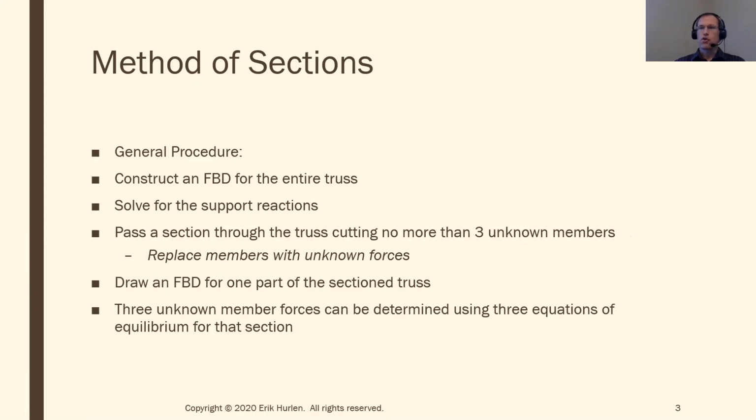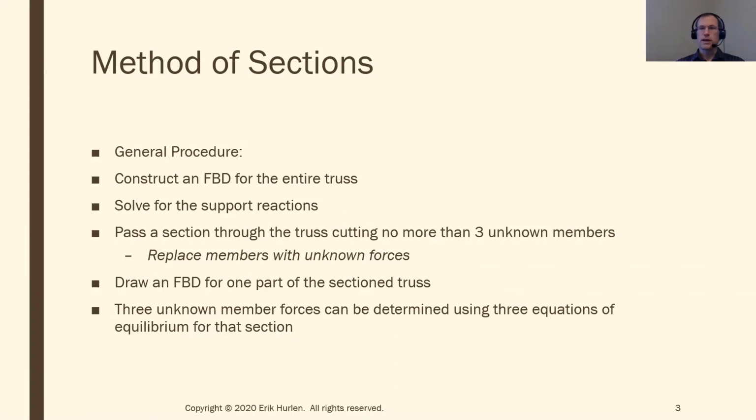Then basically throw away half of that truss structure and use the rigid body equilibrium, what we did on day 9 and 10, to find the unknown member forces, all 3 of them, using the 3 equations of equilibrium. So generally force in x direction, force in y direction, and some moment around some point.